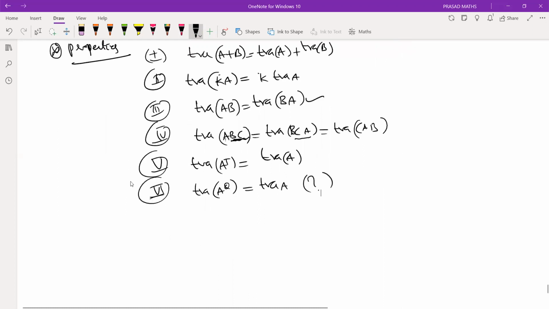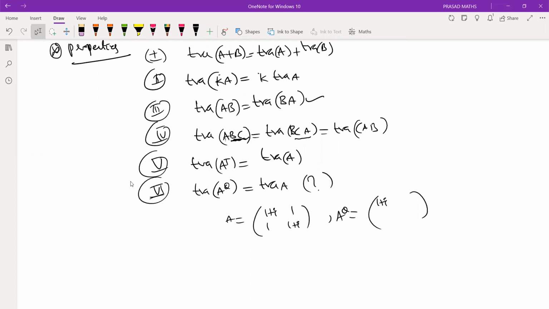Suppose you take A as 1 plus i, 1, 1, 1 plus i. What is A theta? It is the conjugate, 1 minus i, 1, 1, 1 minus i, and then the transpose. That means 1 minus i, 1, 1, 1 minus i.